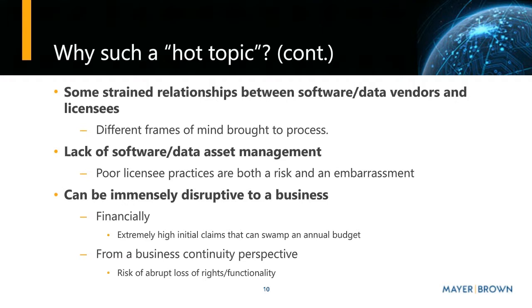Are they supposed to be bought at the same discount, or not? Does the contract not deal with this? Then this could also be a risk financially. And then from a business continuity perspective, they are of course concerned that they might lose their right to continue using the software or certain functionalities.